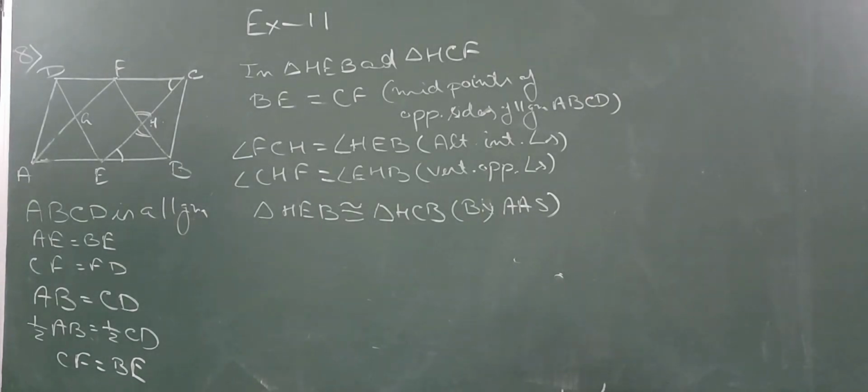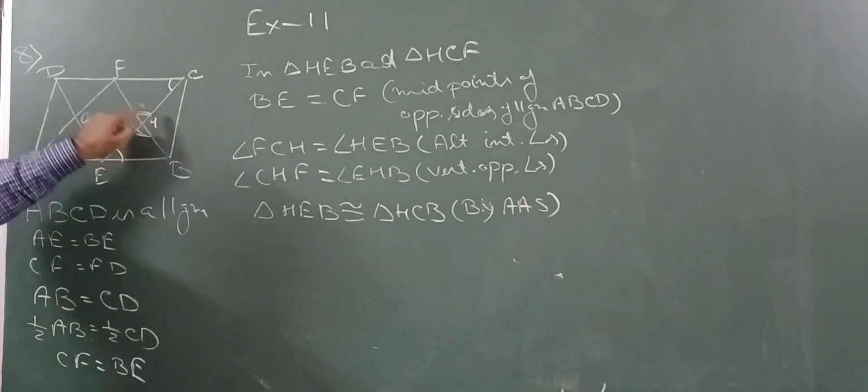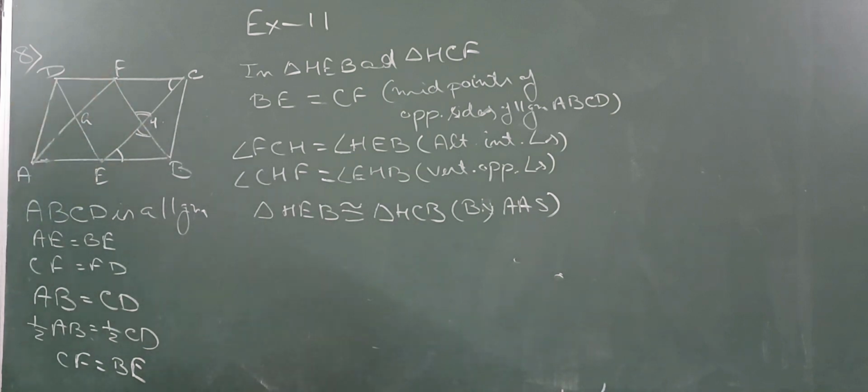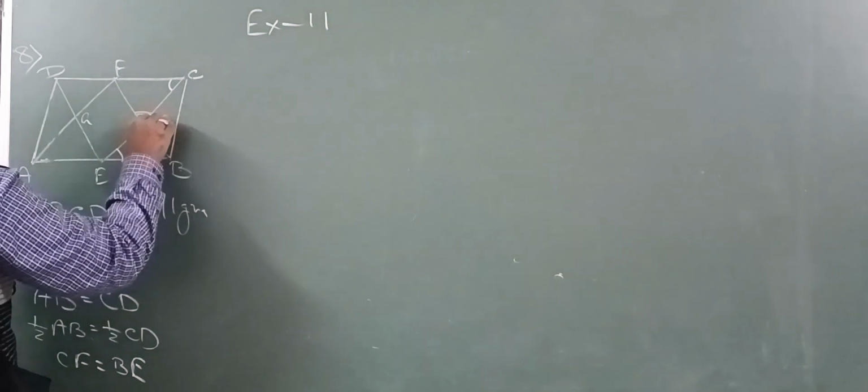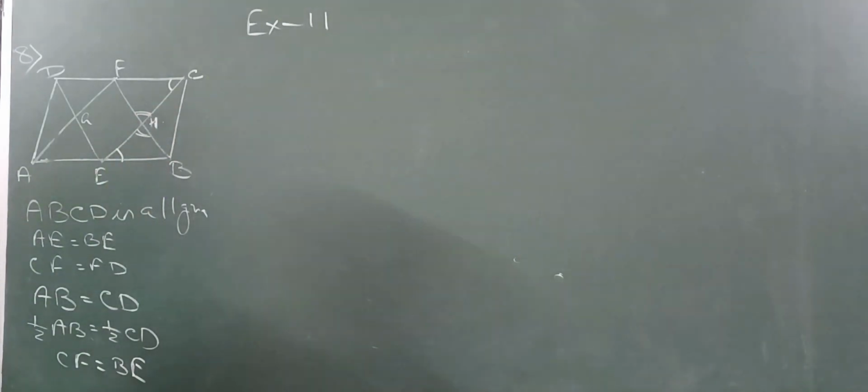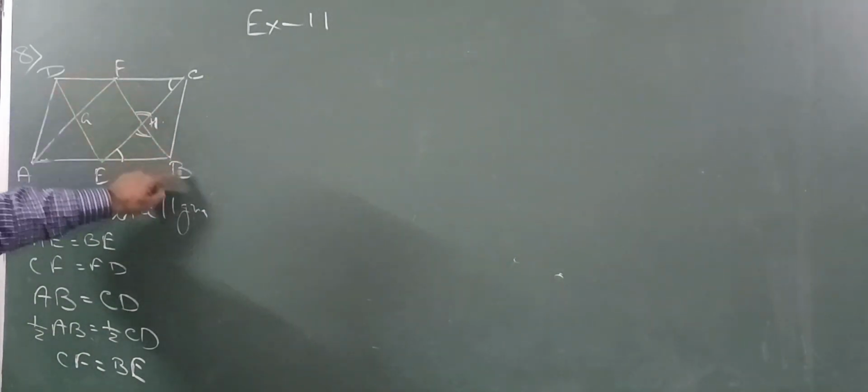Now the next one says that GEHF is a parallelogram. For proving this, we use the midpoint theorem. Let me erase this one. To prove that GEHF is a parallelogram, first we take triangle AFB.